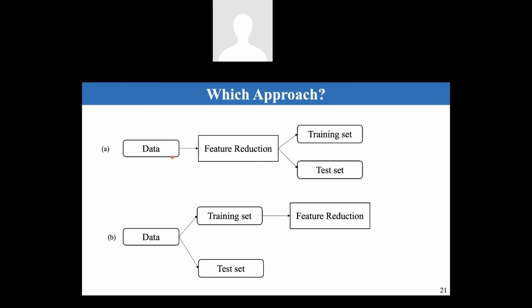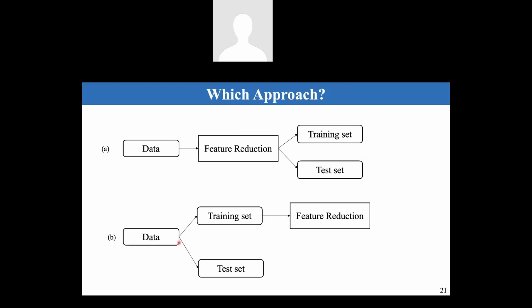Then after I find which features are important, I transform the data using only that set of features and split into training and test sets, and then test the performance of the set of features by training the learning model on the training set and testing the model on the test set. That's one approach. The other approach is this one here.